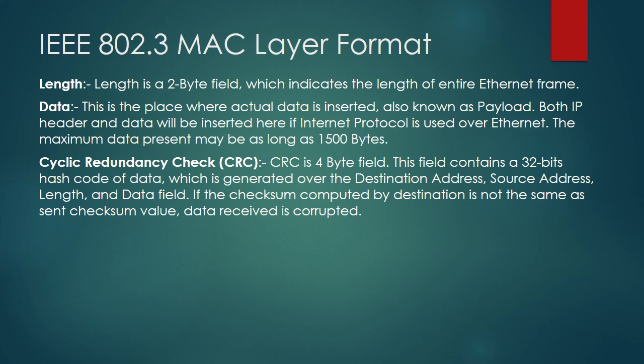The cyclic redundancy check is a 4-byte field that contains a 32-bit hash code of data generated over the destination address, source address, length and data field. If the checksum computed by the destination is not the same as the sent checksum value, the data received is corrupted. So we can identify through the cyclic redundancy check whether the data is corrupted or not.